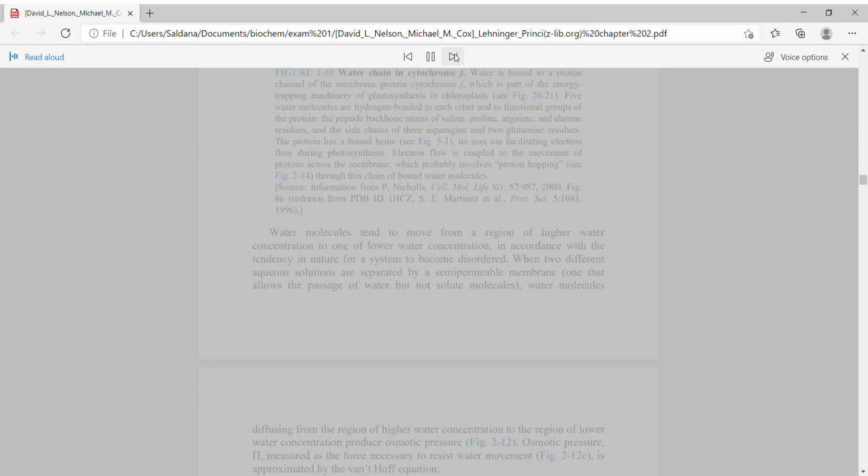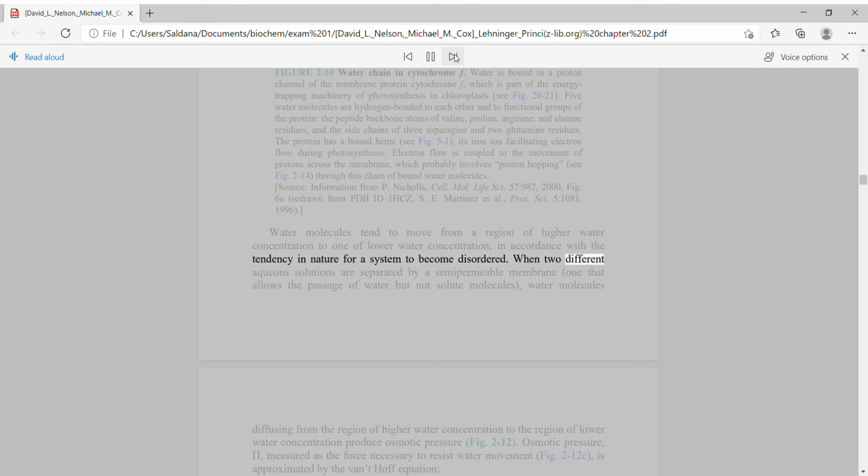Figure 2-10: water chain. Water molecules tend to move from a region of higher water concentration to one of lower water concentration, in accordance with the tendency in nature for a system to become disordered.